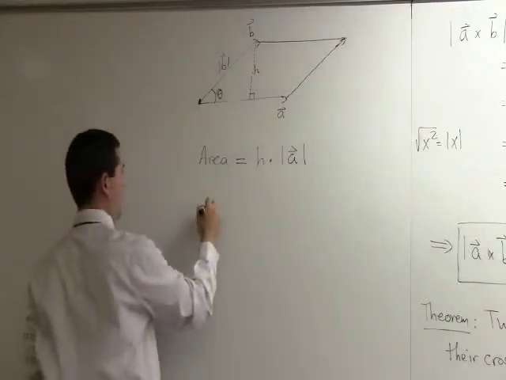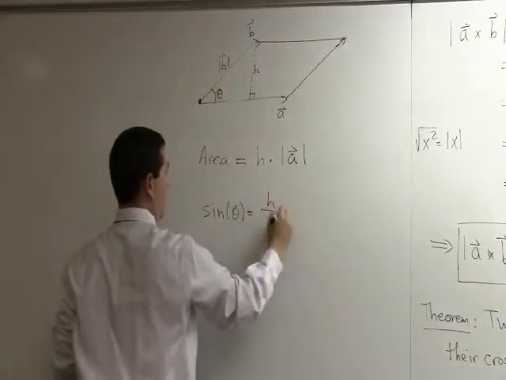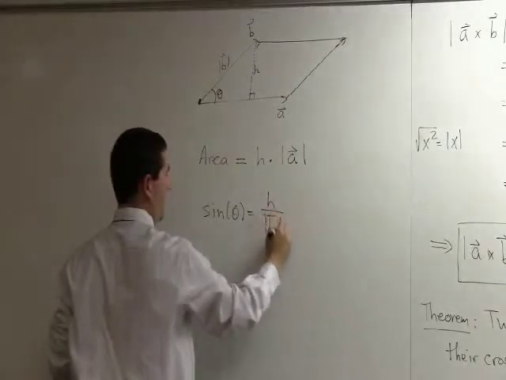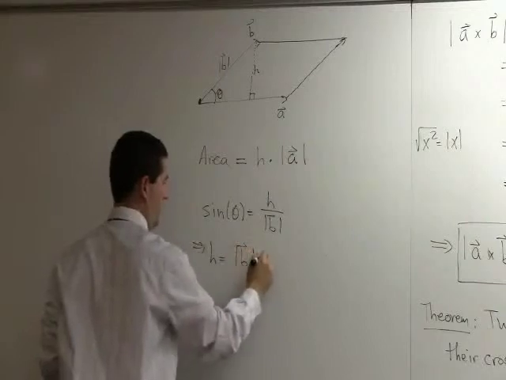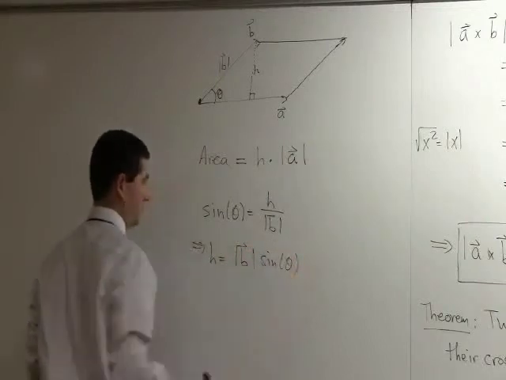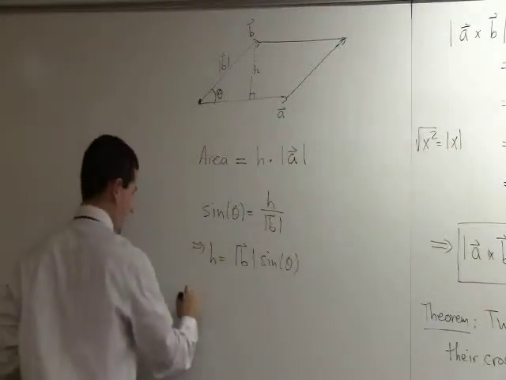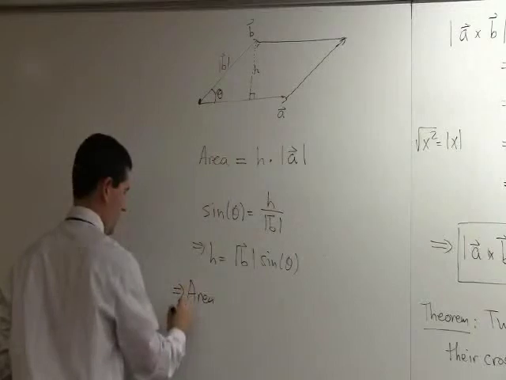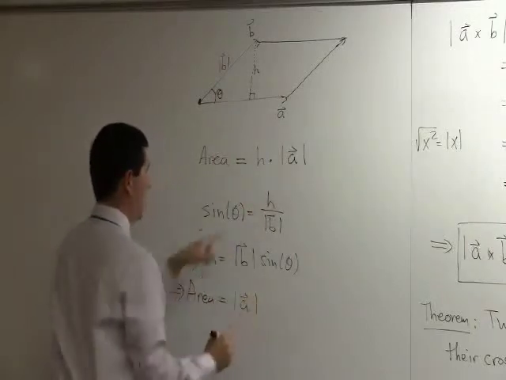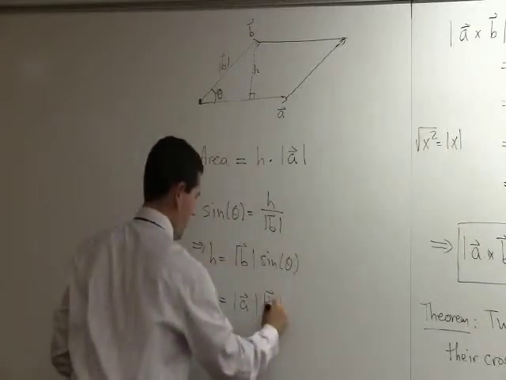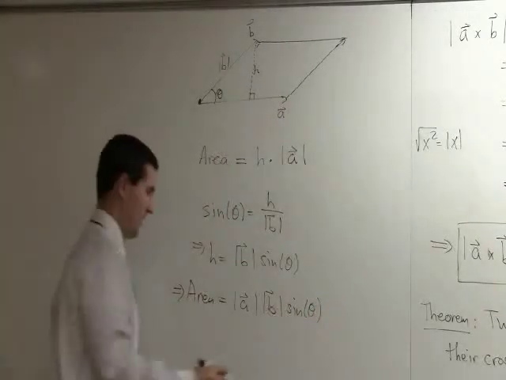And so we know that sine of theta is the opposite, h, over the hypotenuse, which is norm of B. And so h is equal to the norm of B times sine of theta. So my area equals the norm of A times h, but h is the norm of B times sine of theta. It's just the norm of the cross product.